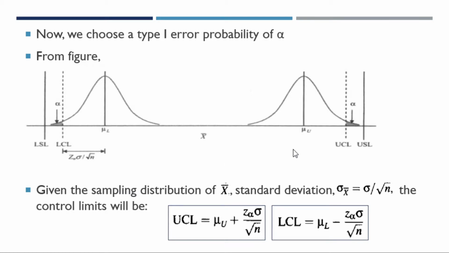Now, following a similar procedure as was discussed in the previous slide, and considering a critical value of Z alpha, in this figure we can write the upper control limit UCL equal to mu U plus Z alpha times sigma by root n, and the lower control limit LCL equal to mu L minus Z alpha times sigma by root n.